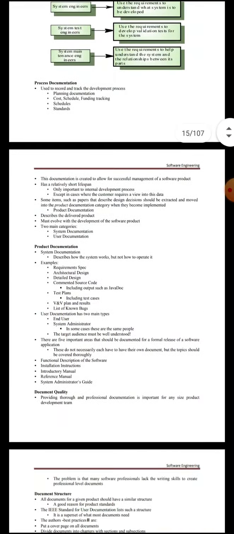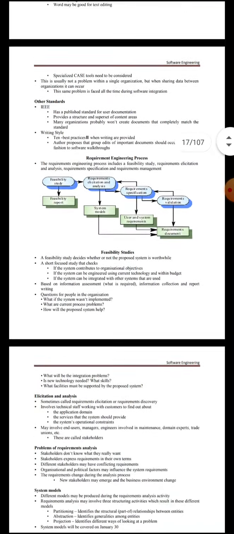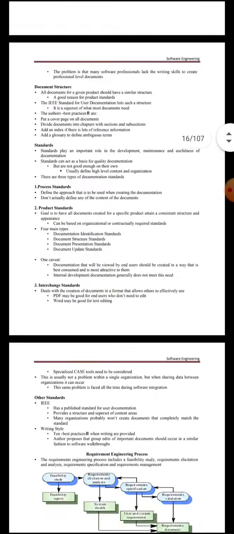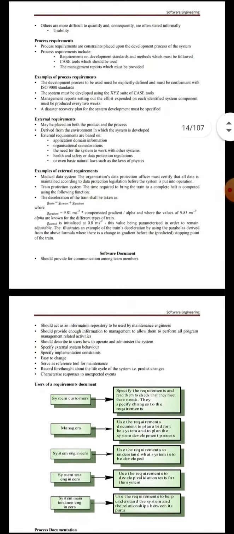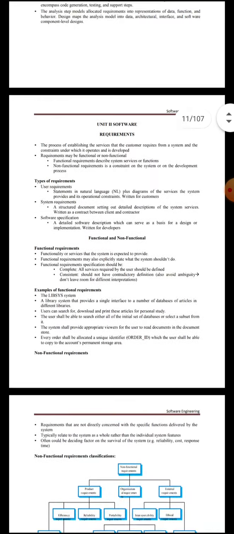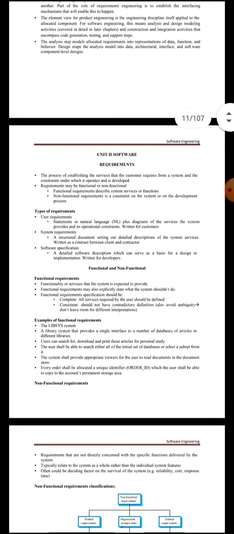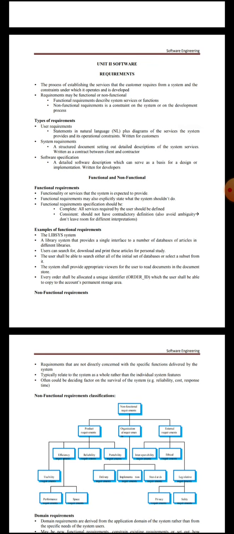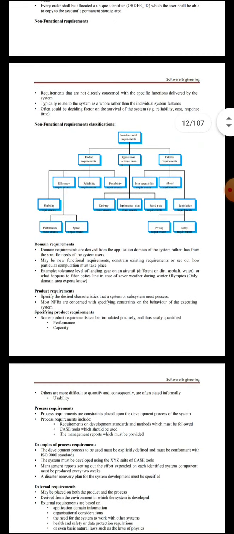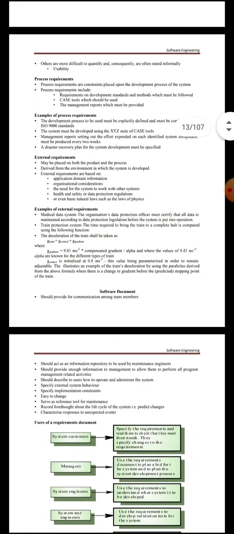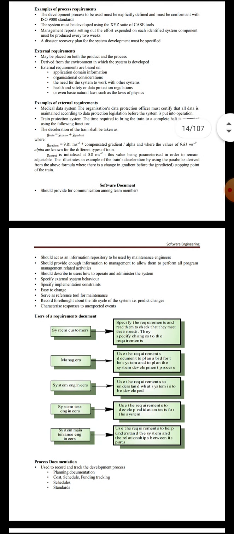So we are moving to Unit 2, and here it is, software requirements, Unit 2. Here also you have functional and non-functional requirement. You can keep this in mind and take it as an answer. Similarly, the software document. These are all the things you have to write for software requirement specification.